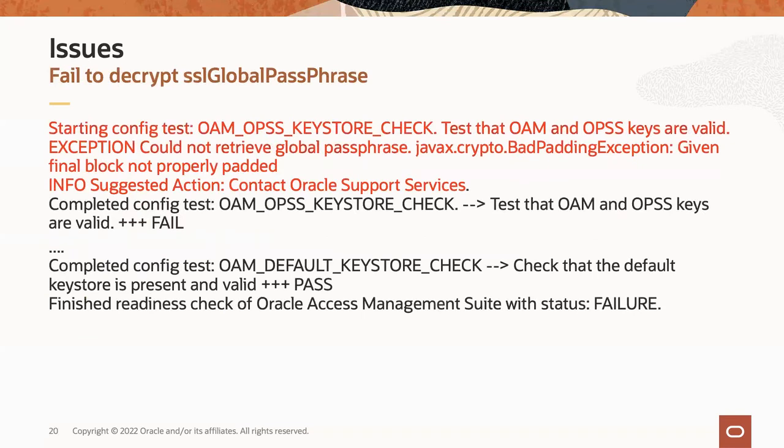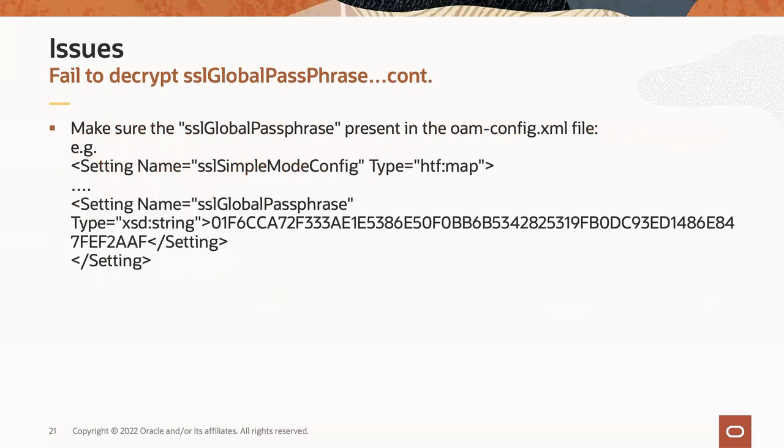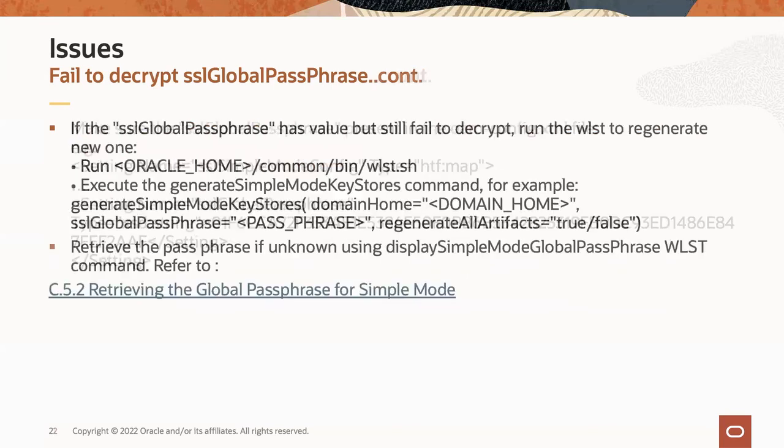The other issue you would see is when it fails to decrypt the SSL global passphrase. In that case, you first make sure that you have a passphrase by looking at the SSL simple mode config setting name in the OEM config.xml.